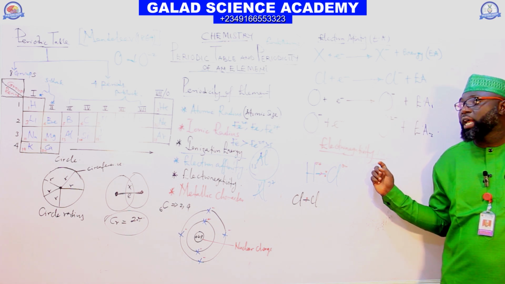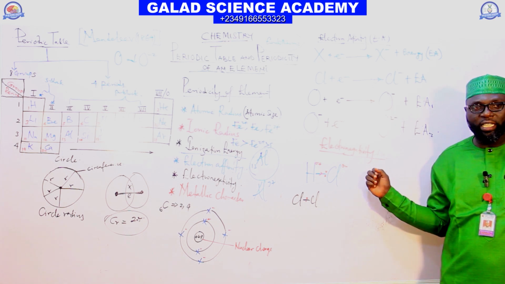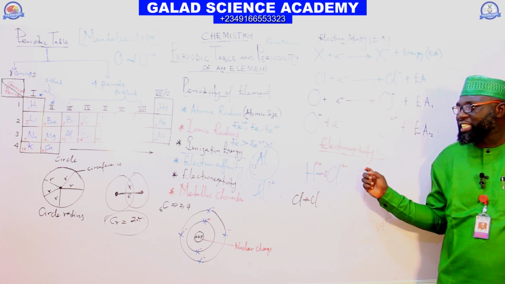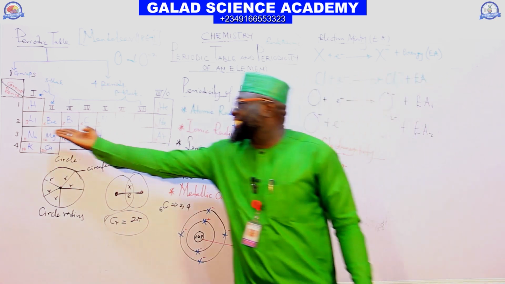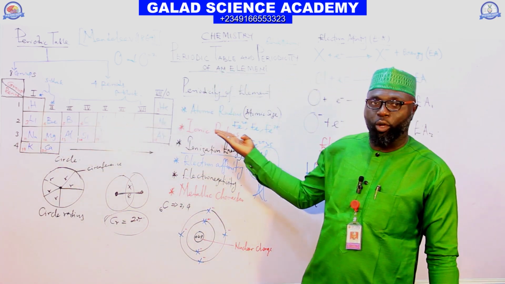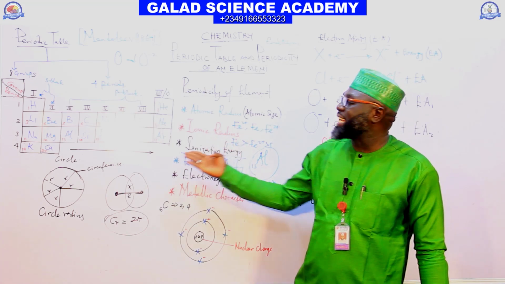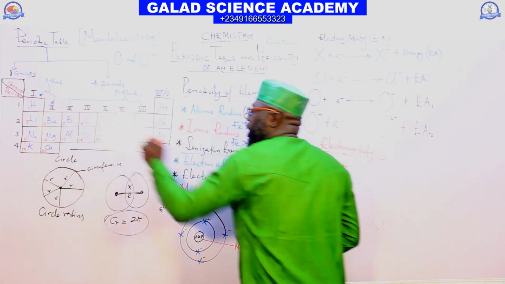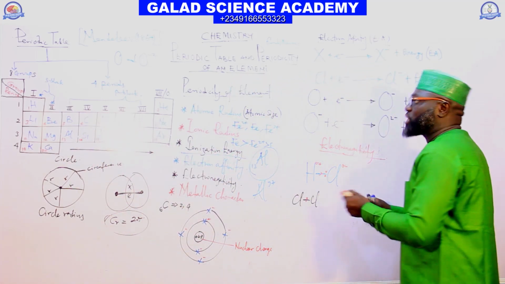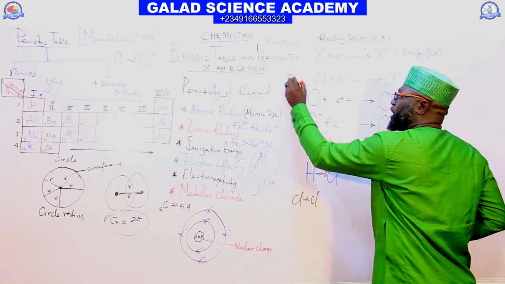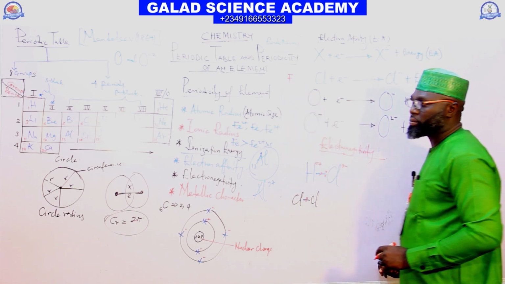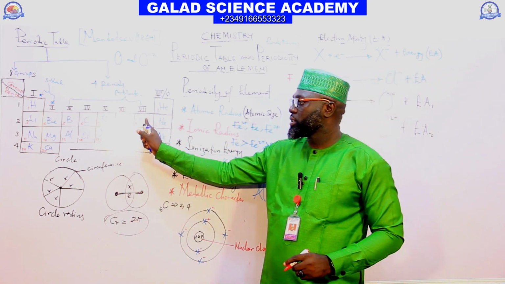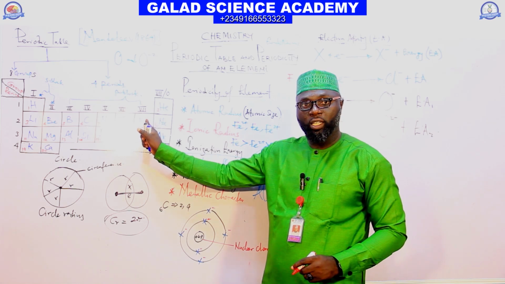Electronegativity increases across the period and decreases down the group. So out of all these elements in period 2, the most electronegative element is fluorine.